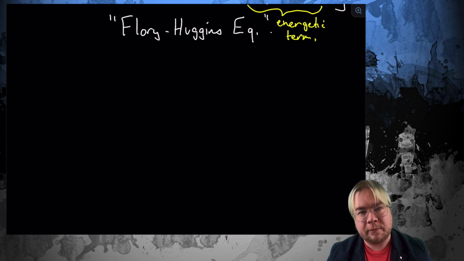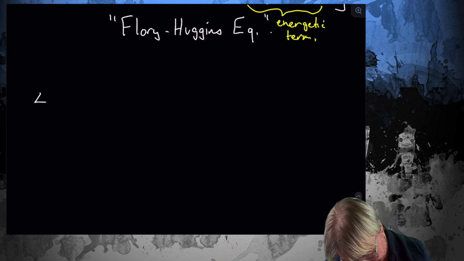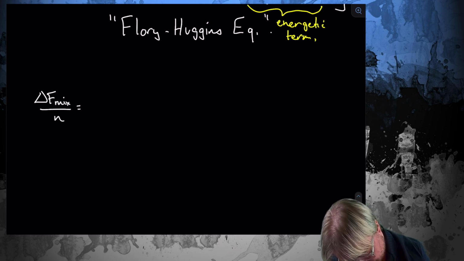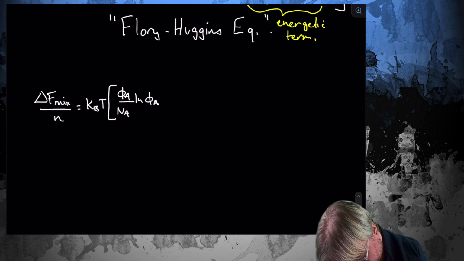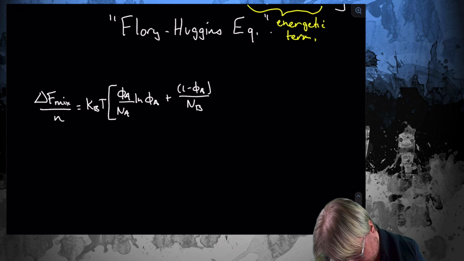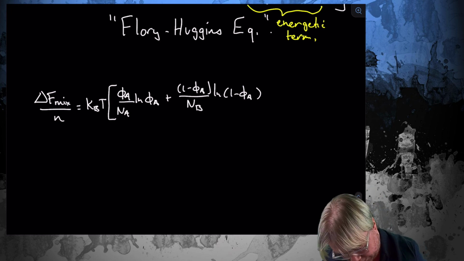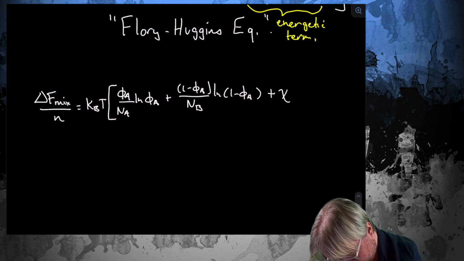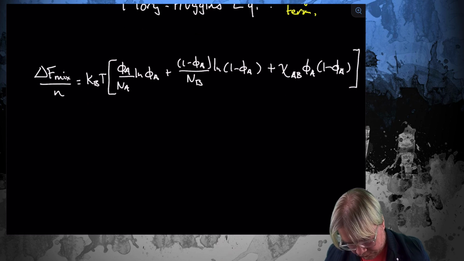So if we have polymers, if we're not talking about a regular solution, then delta F mixing is kBT times... I'm just going to write the whole Flory-Huggins equation one last time. After 20 odd years of writing this, you get pretty good at it. I have this memorized. It's a pretty important equation too. So that's the Flory-Huggins equation.